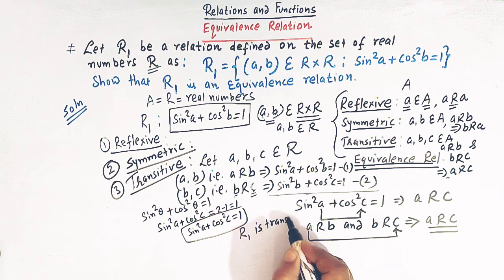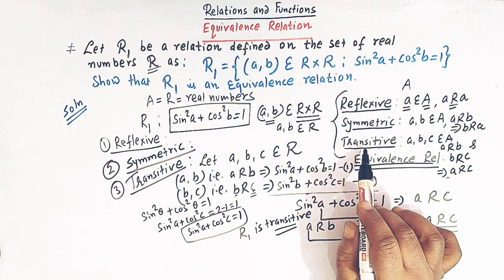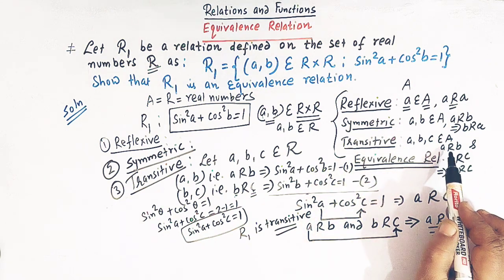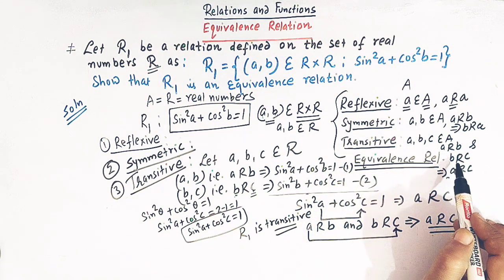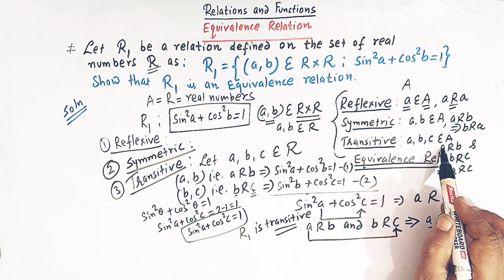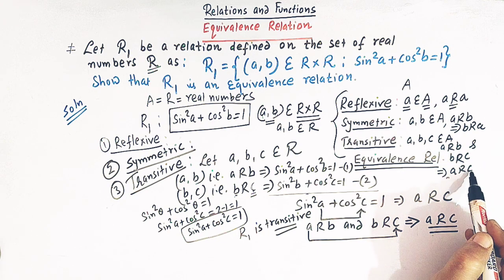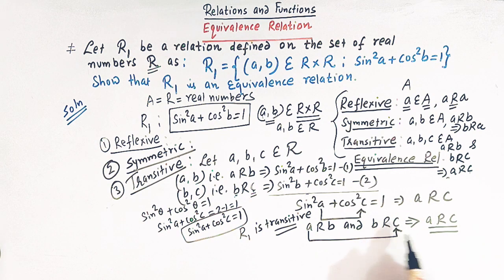Because it obeys the definition of transitive relation, which says that if A is related to B and B is related to C, then A is related to C, and this is exactly what we have obtained.